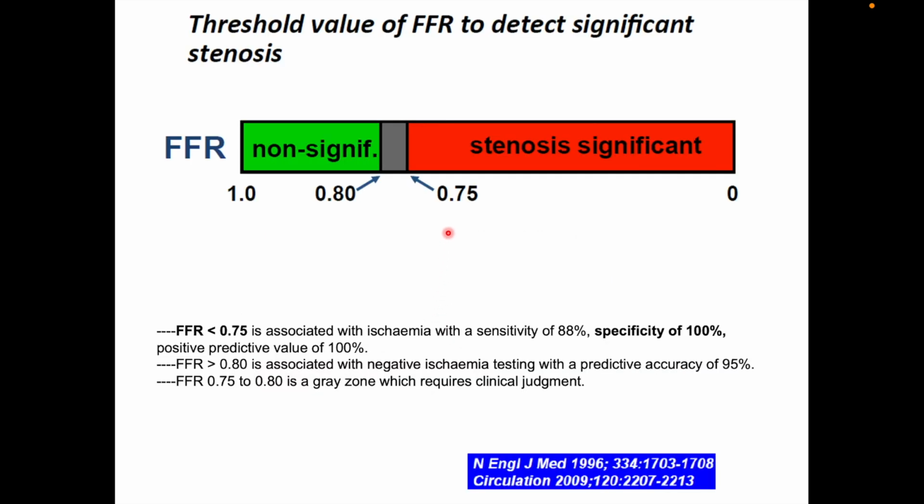So if you use the value of 0.75, then anything below that is significant stenosis and you can go ahead and stent that. But if you use a value of 0.80 and above, then that is non-significant and you can safely defer this. But what about the value between 0.75 to 0.80, which is a gray zone and can be decided based on clinical evaluation?